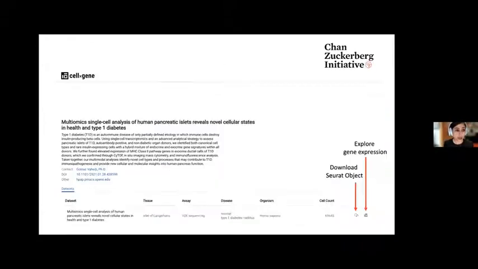Another place we have deposited our data is the Cell by Gene website from the Chan Zuckerberg Initiative. What is really interesting about the single cell genomics field is that the Seurat package has become the standard way of data analysis.